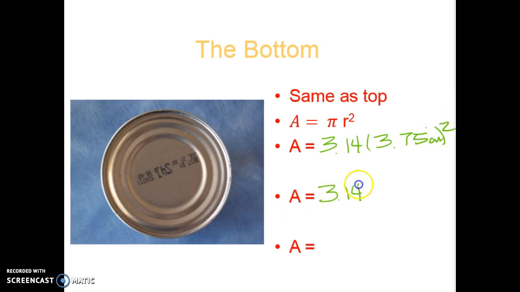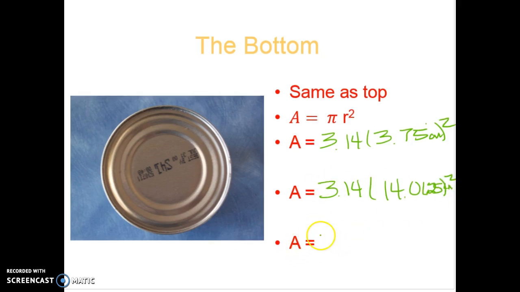We should be able to do this without any issues or problems now. 14.0625 centimeters. Sorry, running out of room. Simplify that even further, and we end up, and this should not be a shocker, with 44.15625. My numbers are moving.